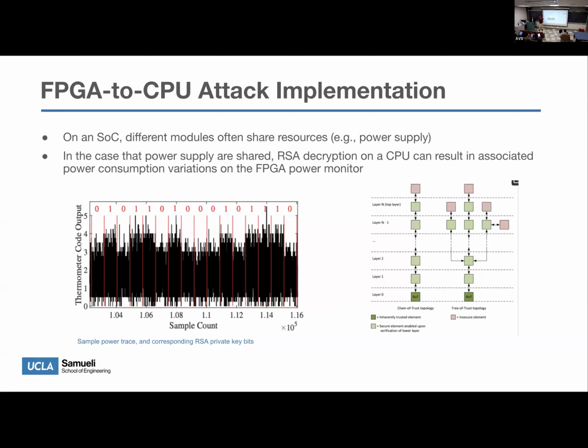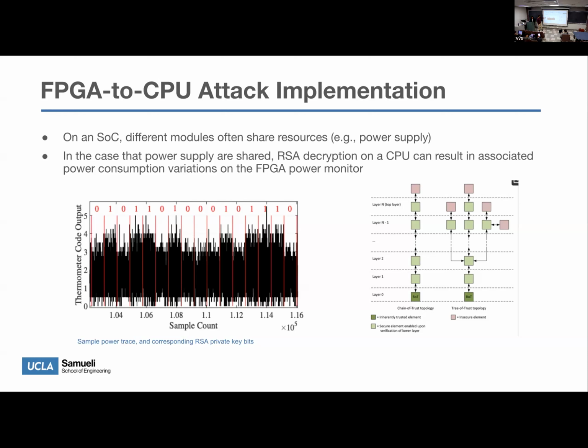the actual RSA decryption operations that are implemented in software on the CPU can still result in voltage drops on the FPGA power monitor. Essentially, for each bit that's being processed in the software-based RSA decryption module on the CPU, you might still see associated power consumption variations on the FPGA monitor.